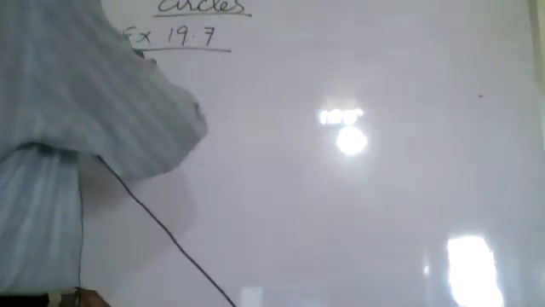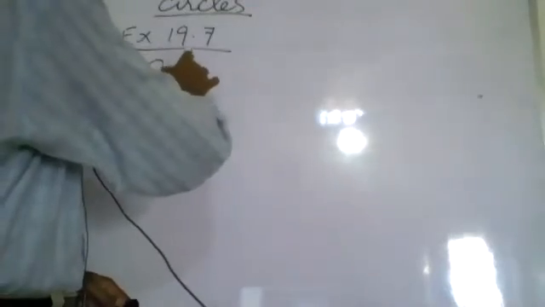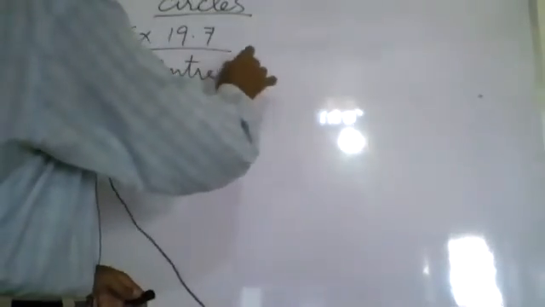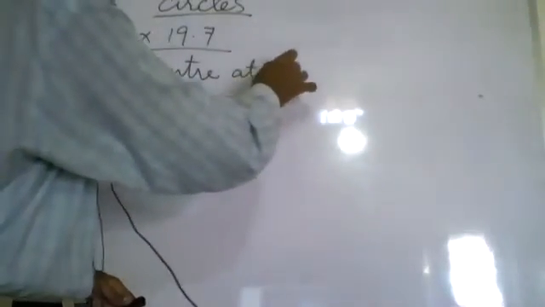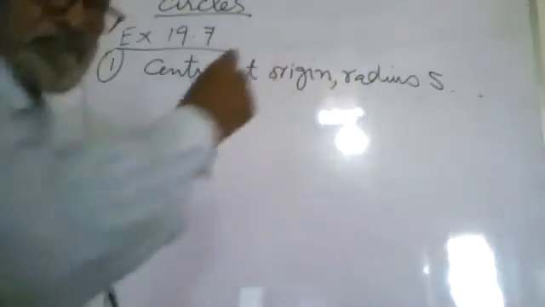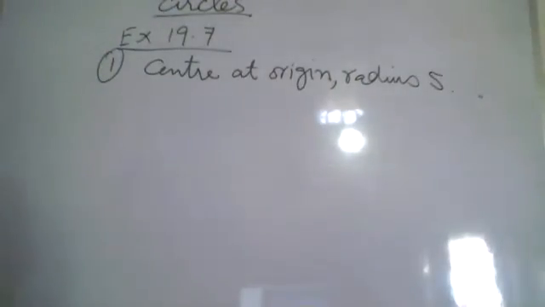Exercise 19.7. Question number 1, center at origin, radius 5. Origin means 0, 0. The coordinates of the origin are 0, 0.